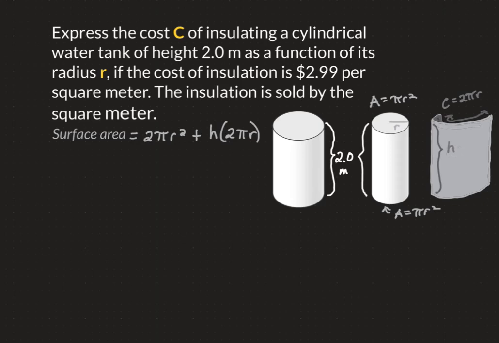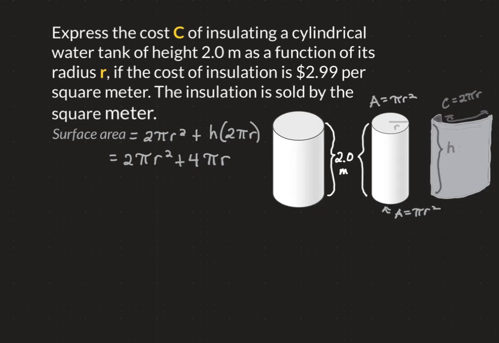But for this instance, our surface area equals 2 pi r squared, we don't know the r yet, and our height is 2. So the second part of this becomes 4 pi r. That will be the surface area of these particular water tanks that have a height of 2 meters.